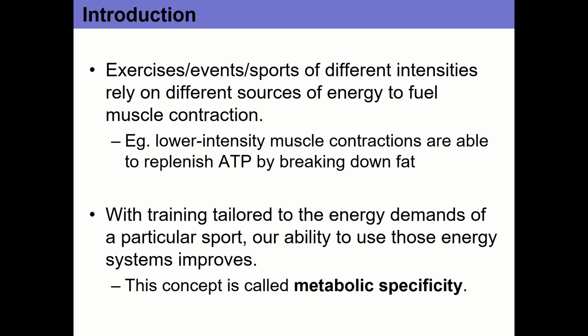You're going to see increased storage of glycogen, so intramuscular sugars, to provide, again, a substrate of fuel to regenerate ATP. So with training then, we can improve the use and increase the storage of the substrates and then improve their use. And so that concept of training certain energy systems, so the glycolytic system, the oxidative system, ATP phosphocreatine, that is called metabolic specificity. So I'm training a particular energy system that is probably the primary energy system that I use in a given sport.